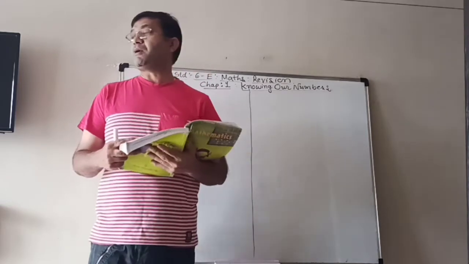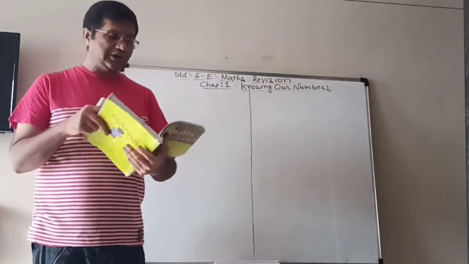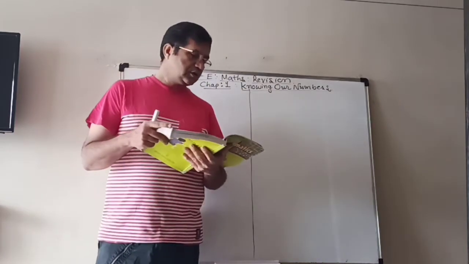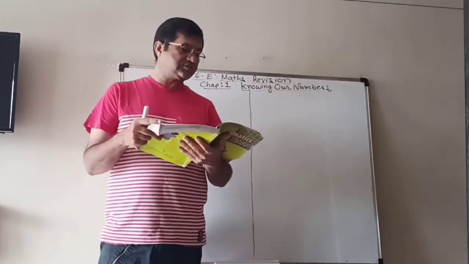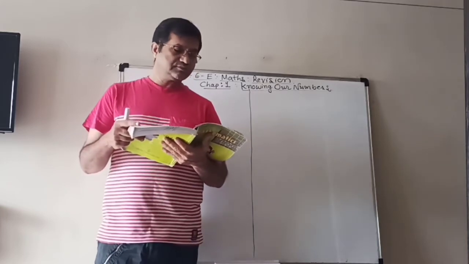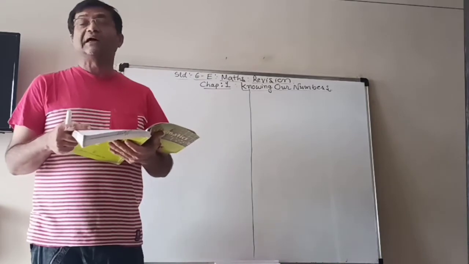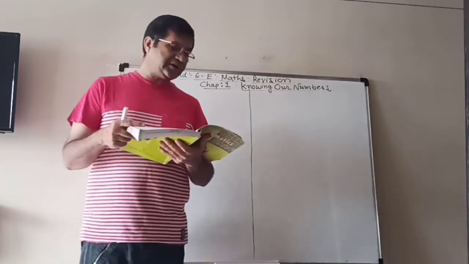In the Indian system of numeration, we use the commas in ones, tens, hundreds, thousands. But commas are used to mark thousands, lakhs, and crore.